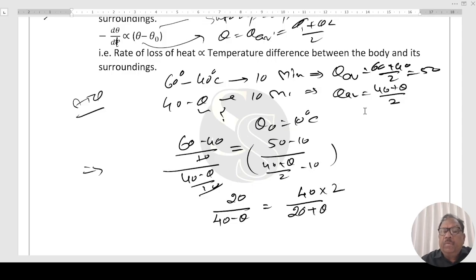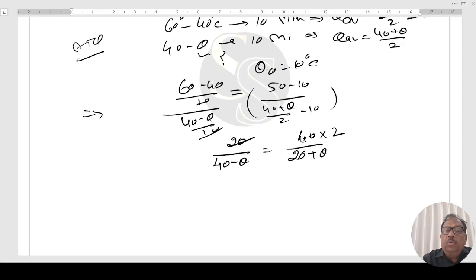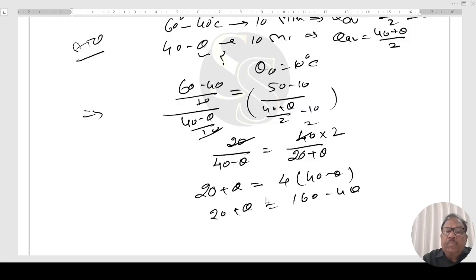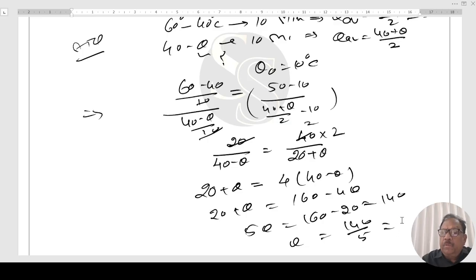This 2 goes over, okay. This comes out to be 4. 20 plus theta comes out to be 4 times 40 minus theta, that is 160 minus 4 theta. 5 theta equals 160 minus 20, that is 140. Theta comes out to be 140 divided by 5, that is 28 degrees centigrade.